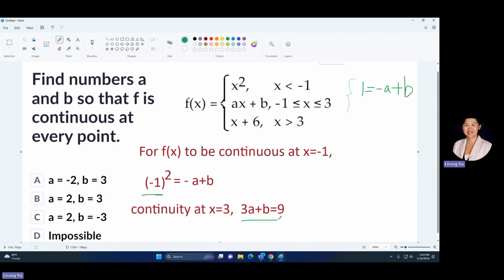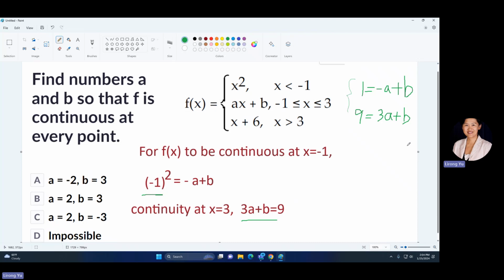The second equation is 9 equals 3a plus b. So for continuity at -1, you got one equation. For continuity at 3, we have one equation. There's two equations to find a and b.